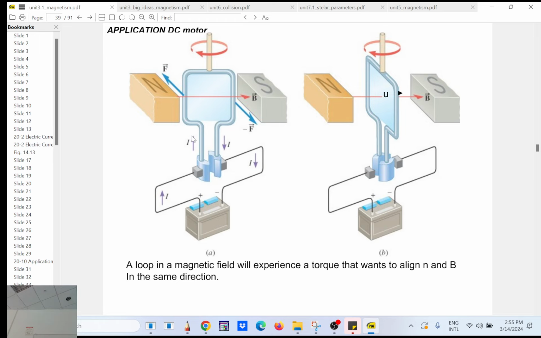The loop is this way, so the thumb is in the screen. So which way do you want to go? That will be up. So it's going to spin in this direction. Okay? So it will align itself with the magnetic field. If you don't do something about that, it will get stuck here. But because at that point it's going to lose connection, it will keep spinning because of inertia.